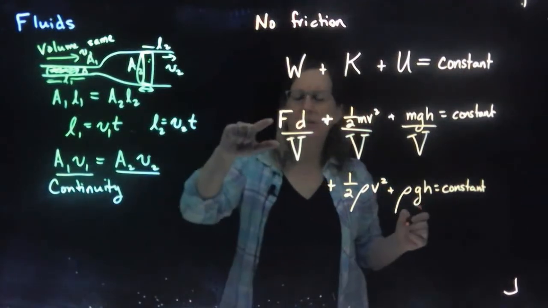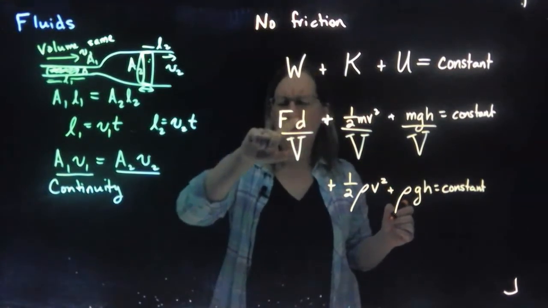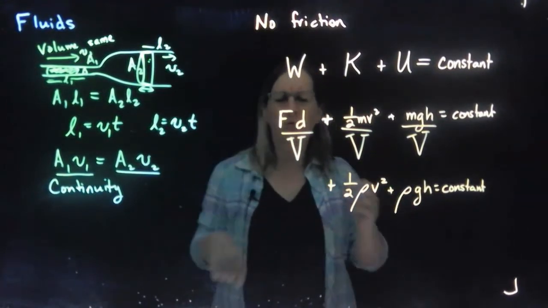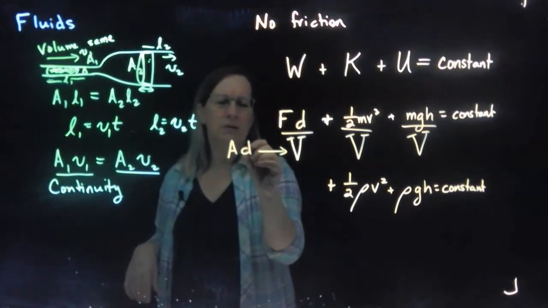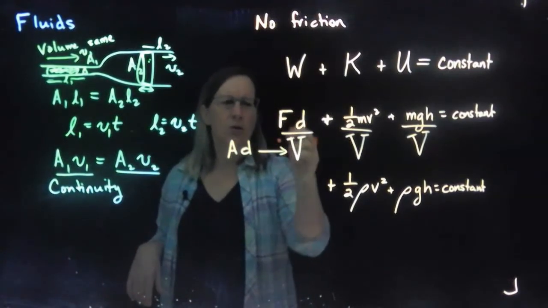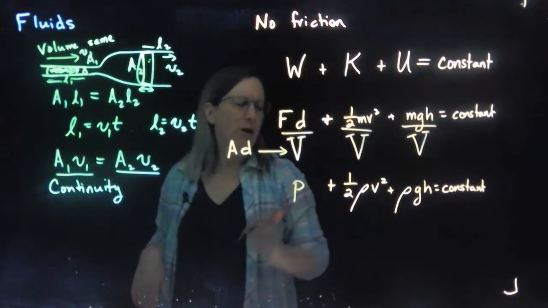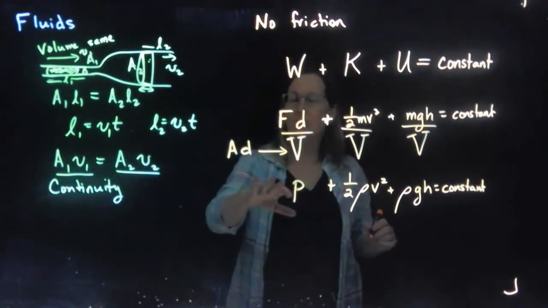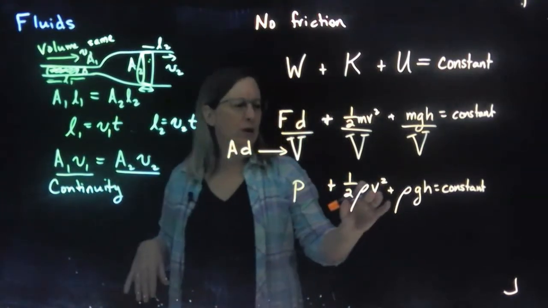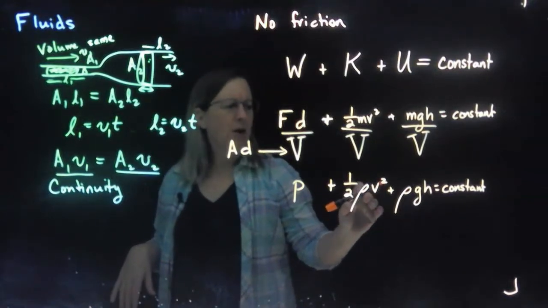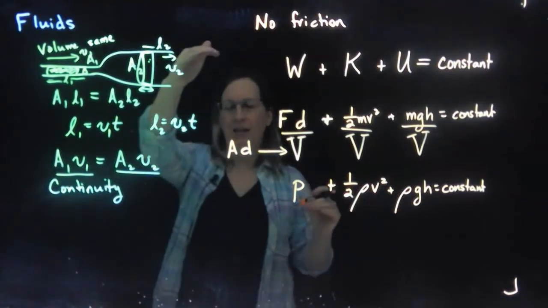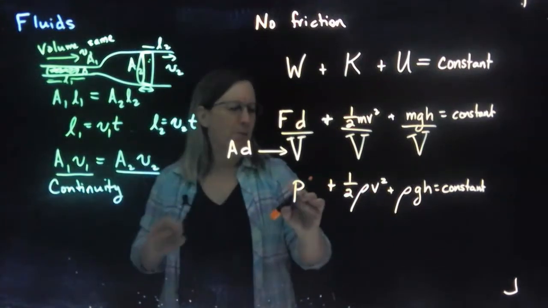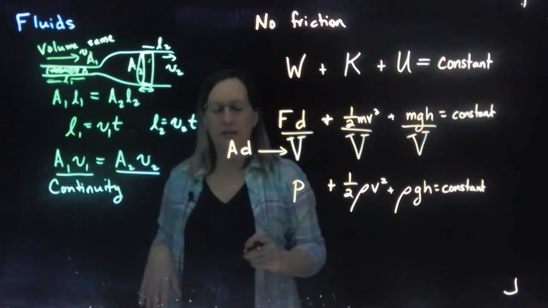And this is force times distance over a volume. A volume we can write as an area times a distance. The distances cancel, and force over area gives me a pressure. So if our speed is 0, this is another way of getting our pressure at a depth. If we compare the top and the bottom, this term is constant.